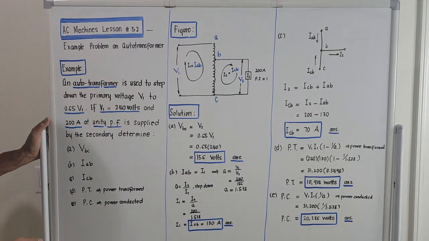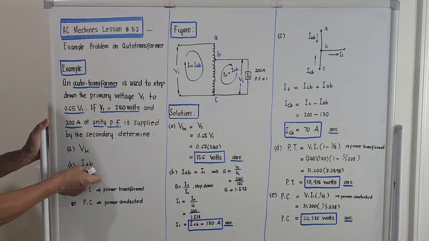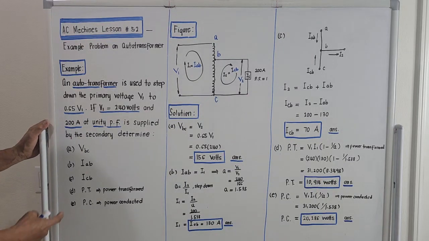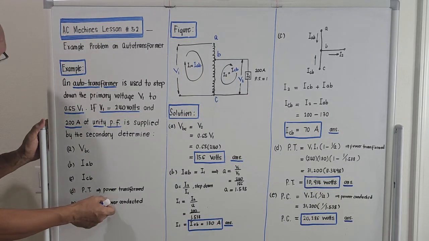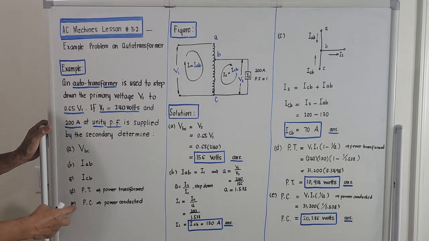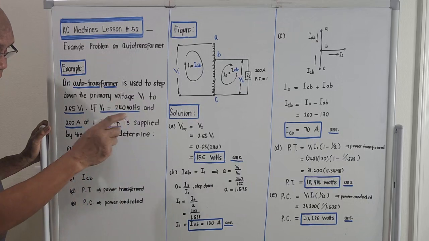There are 5 unknowns: the voltage across BC, the current across AB, the current across CB, the power transformed PT of the given auto transformer, and the power conducted PC by the given auto transformer.